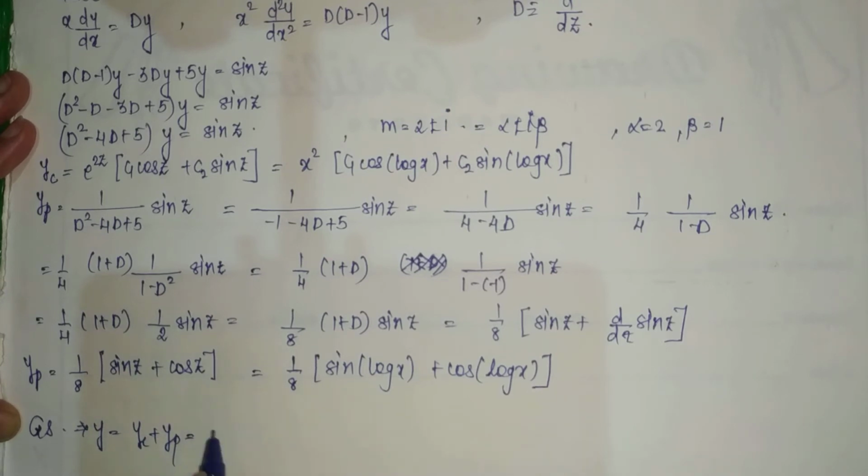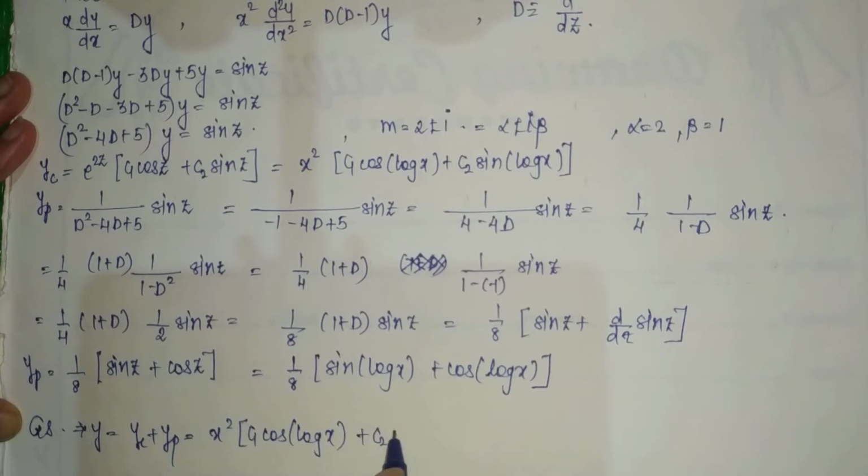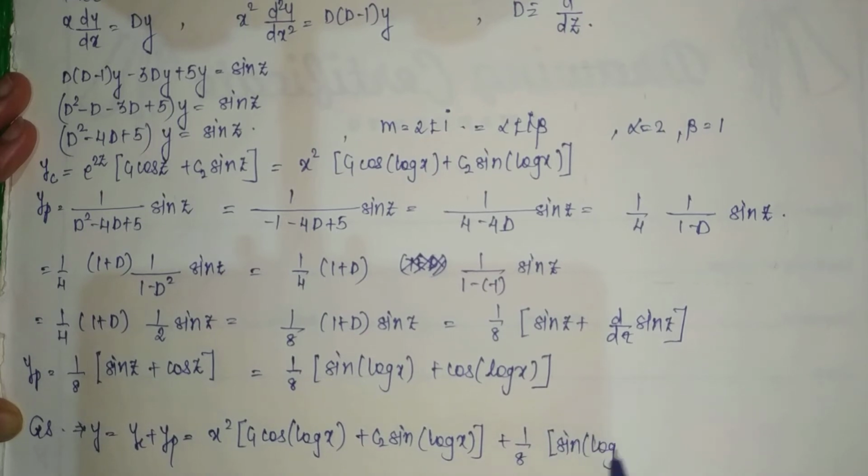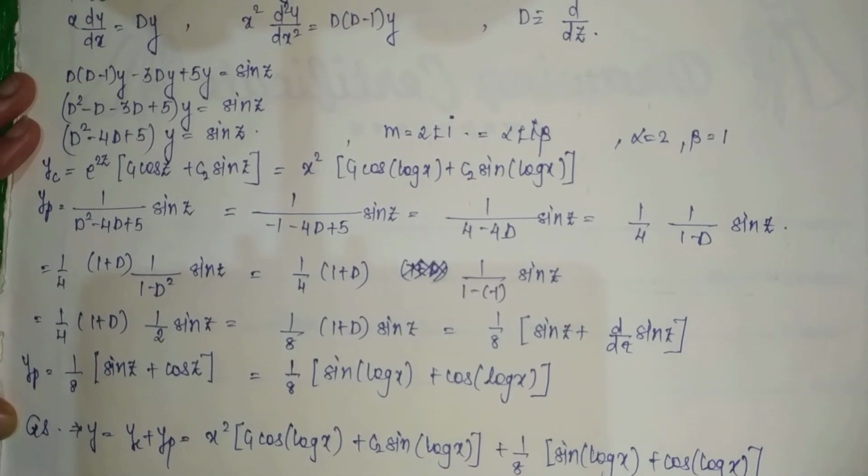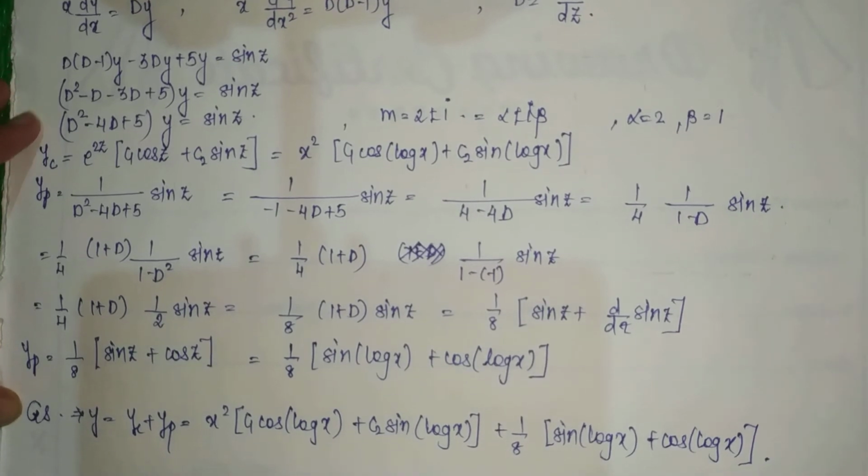So it is equivalent to x square c1 cos of log x plus c2 sin of log x plus 1 by 8 sin of log x plus cos of log x. Okay, so this is the required solution of the given differential equation.